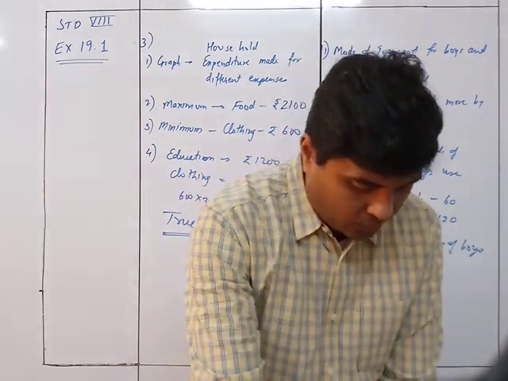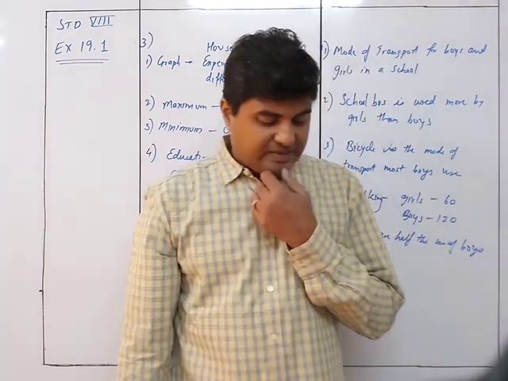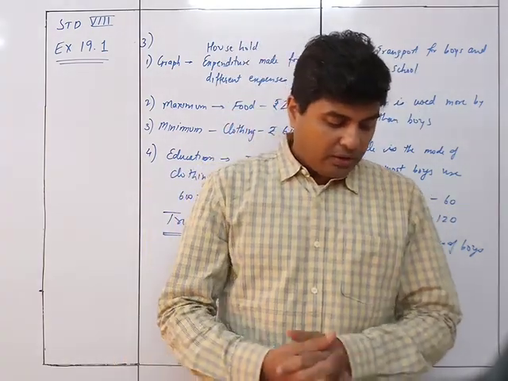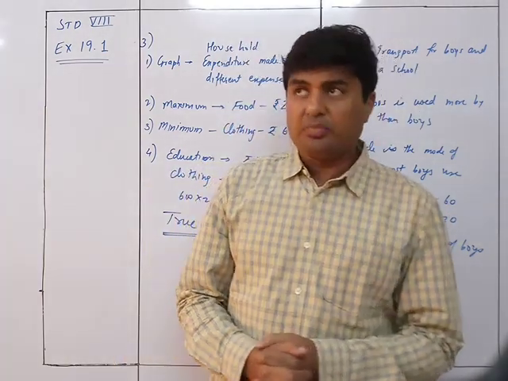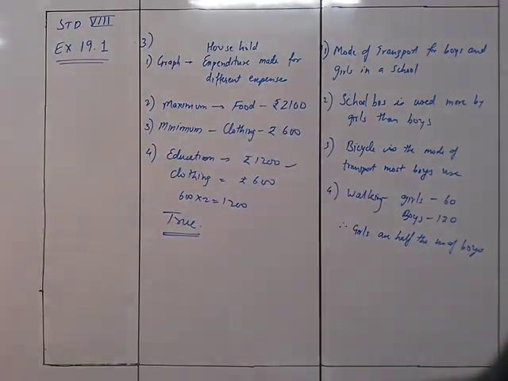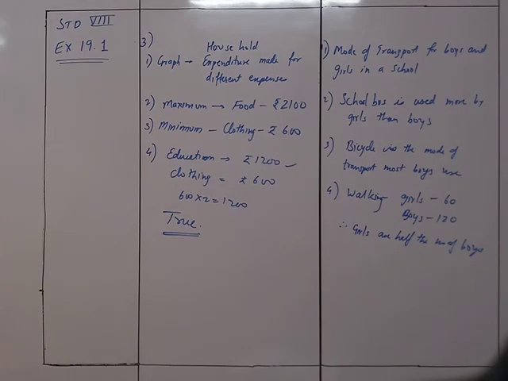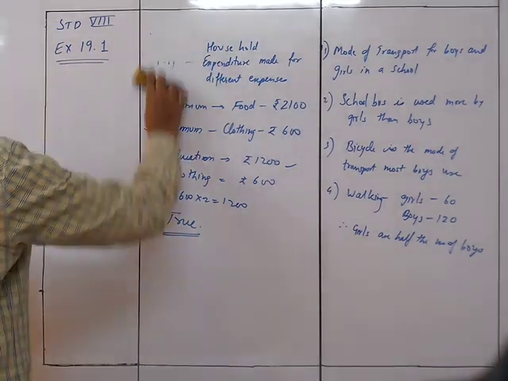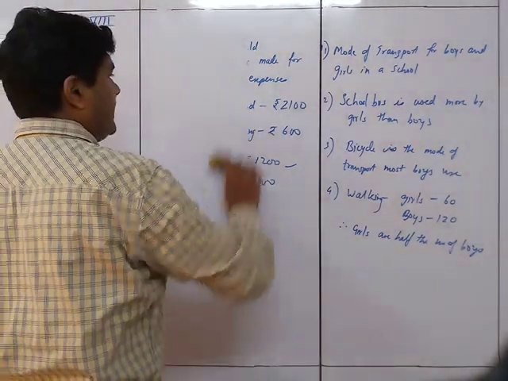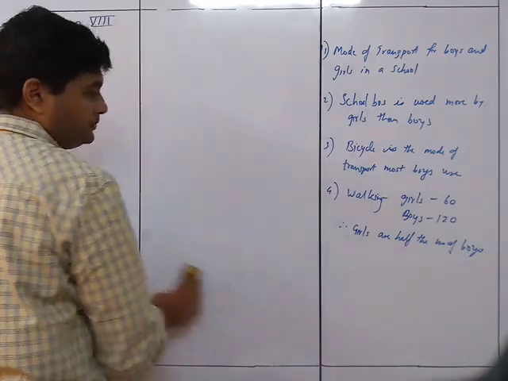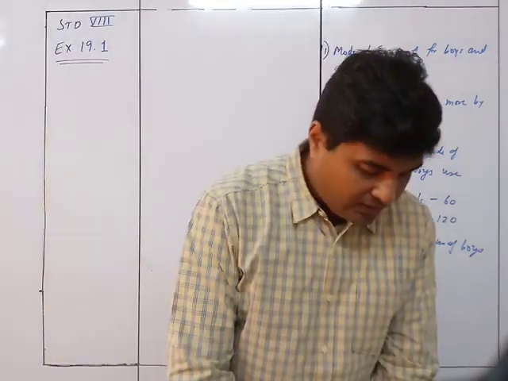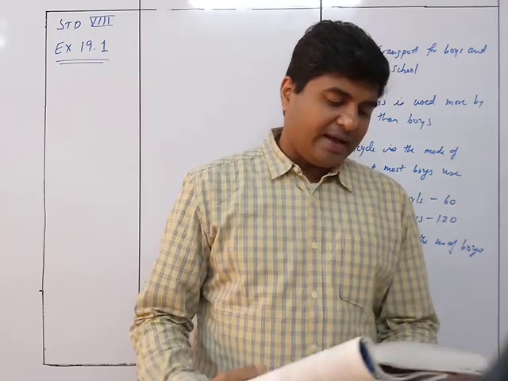Now we need to construct a frequency distribution table for the next data, that is question number 5. So we draw a table. So we need to draw a table for this particular thing. We are given the class interval as 0 to 5.